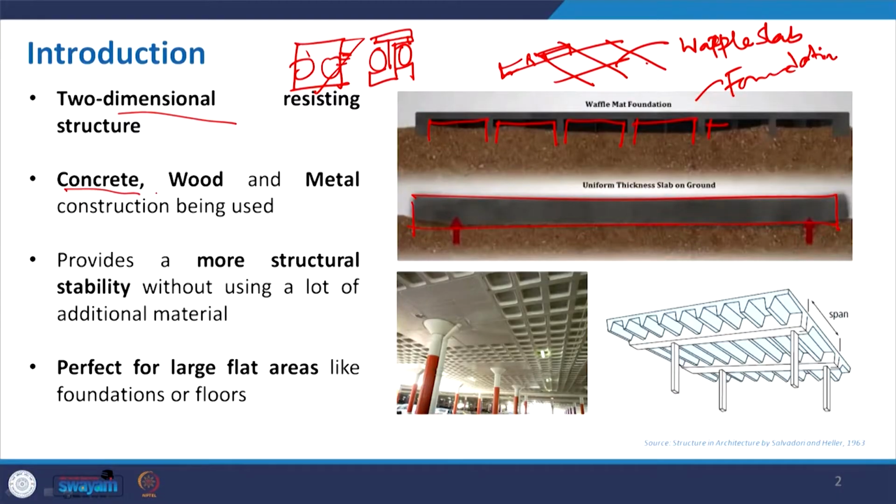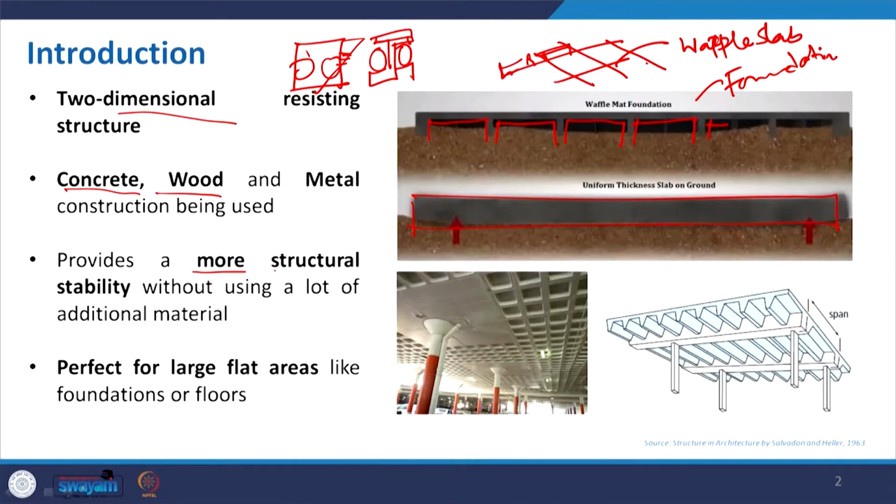Talking about the material, concrete, wood or metal can be used for creating different shapes. It provides more structural stability without using a lot of additional material, and you can compare these two figures to easily identify the reduction of material.